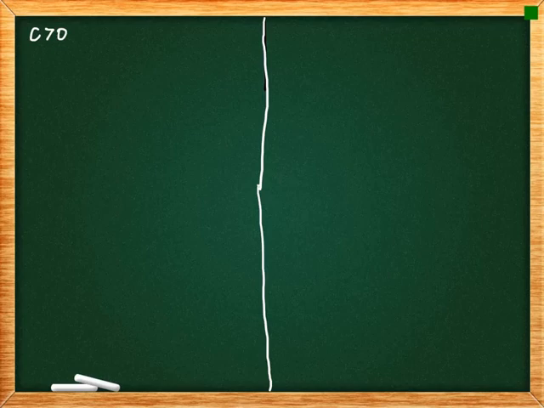Because c is also used in determining the coordinates of our focus and the equation of our directrix. Alright, so for instance, if your graph is opening upward, okay, this is our y, our x here.